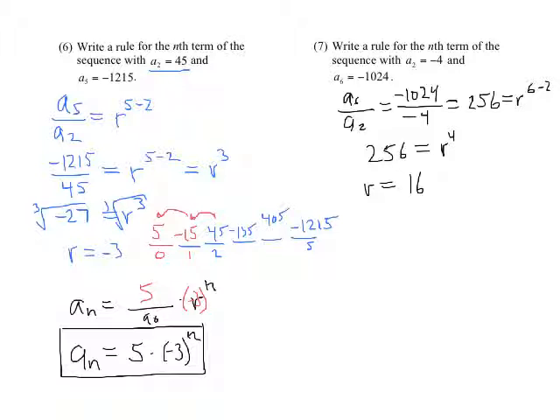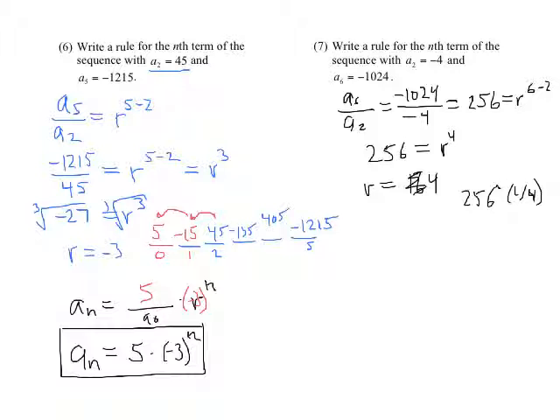Oops, I'm sorry, I've pushed the wrong button. There we go. I had to actually type in 256 raised to the parentheses 1/4 power to get that on my calculator. The calculator gives us a ratio of 4.